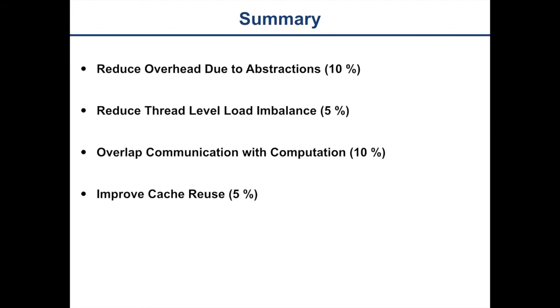Reducing thread level load imbalance helped to improve performance by around 5%. Real overlap of computation and communication helped to improve the performance by around 10% again. And finally, improving cache reuse helped to improve performance by around 5%, and thus in total obtaining a total improvement of around 30%.